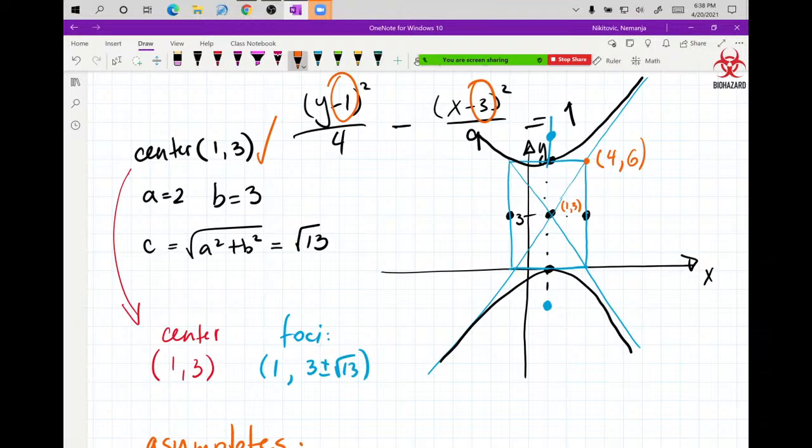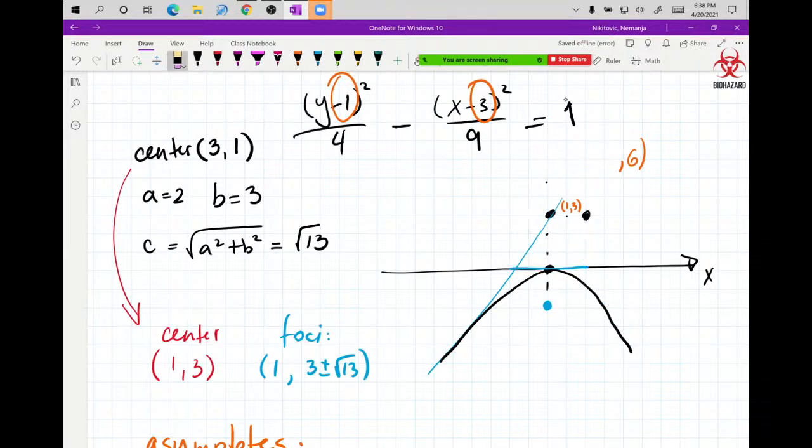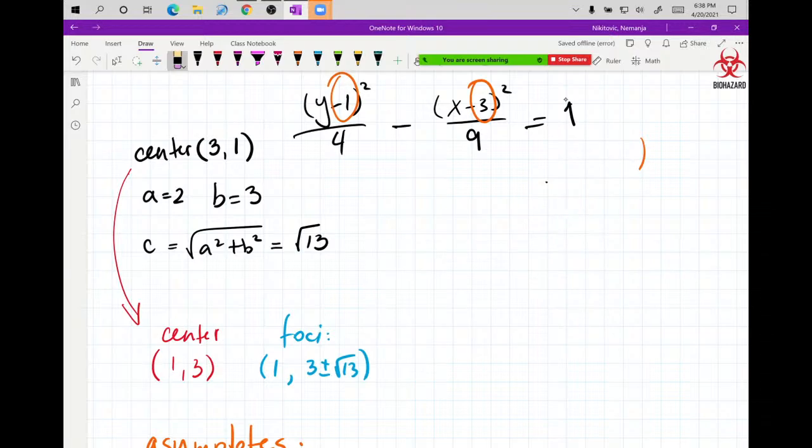It's 3, 1, because the y was first. So definitely there is a mistake. It is supposed to be 3, 1. So I have to redo the whole graph. It's okay. I'll do it again properly this time. Thank you for speaking up, guys.